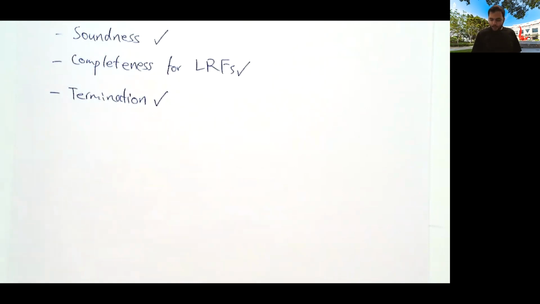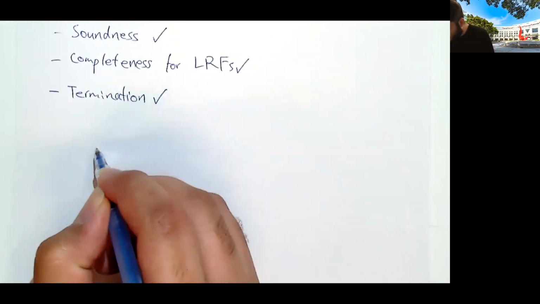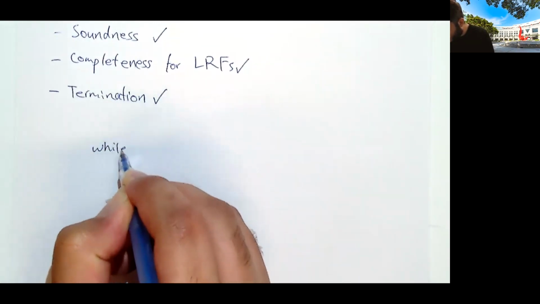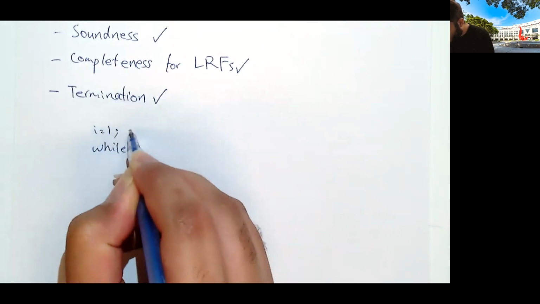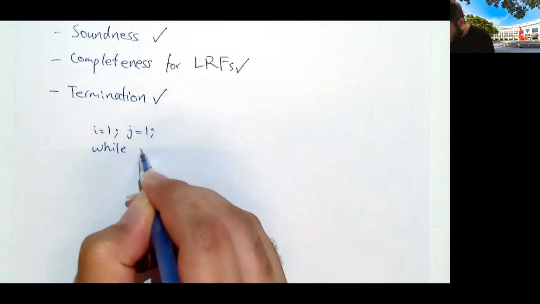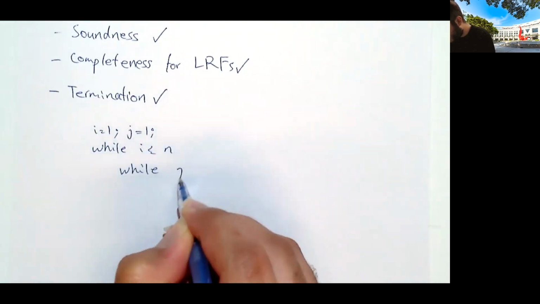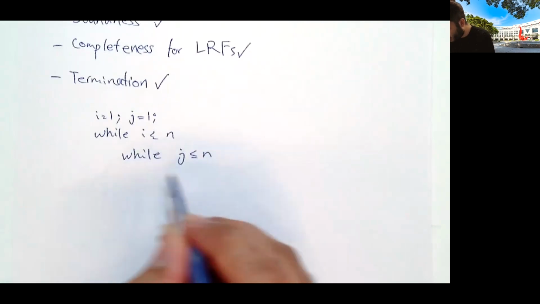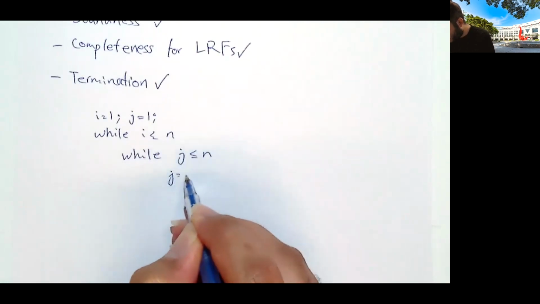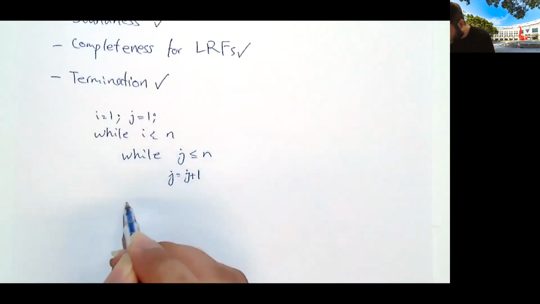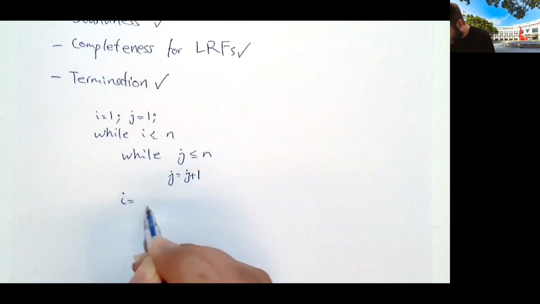It's actually not hard to think of programs that do not have linear ranking functions, right? So a very simple example of this would be just two while loops. So let's say that I have I1, J1. So basically two while loops that just count from 1 to n.